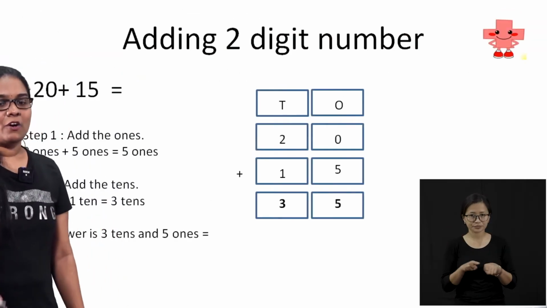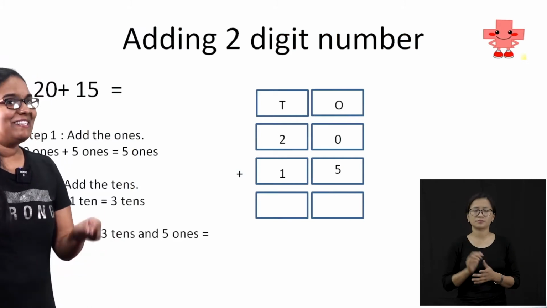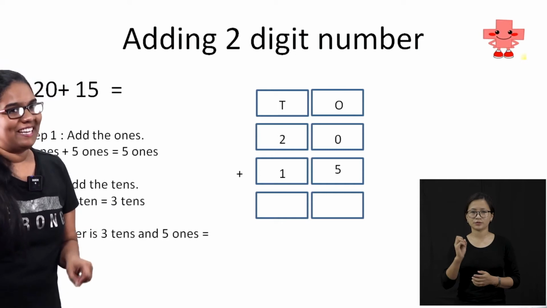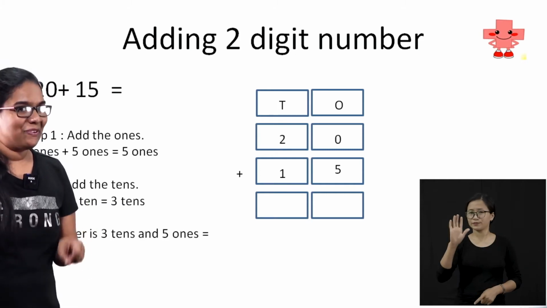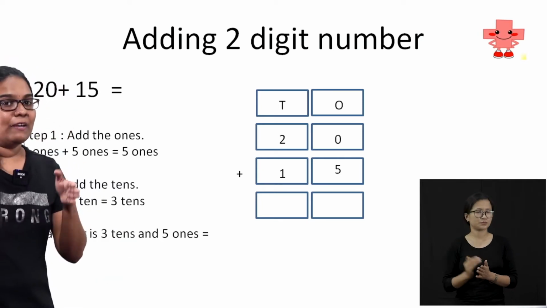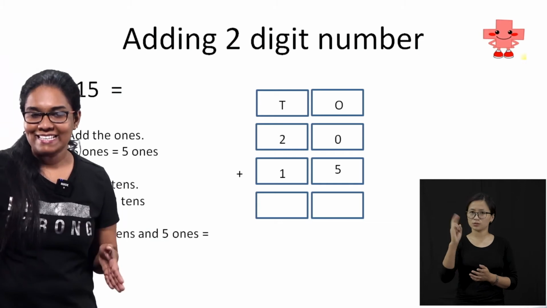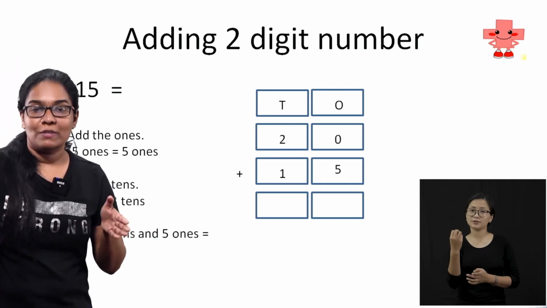Now look here. Here, you are going to add 2-digit numbers: 20 plus 15. We already know that 20 is a 2-digit number.